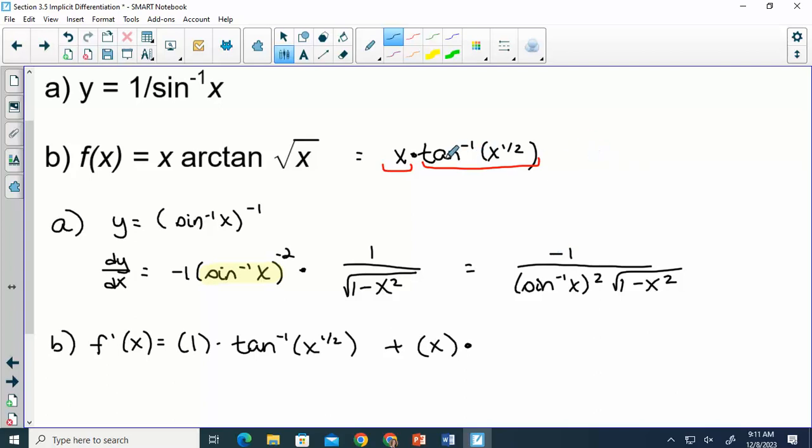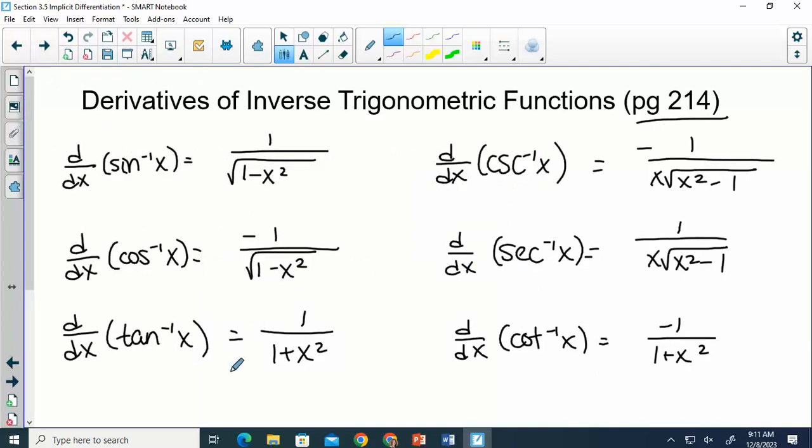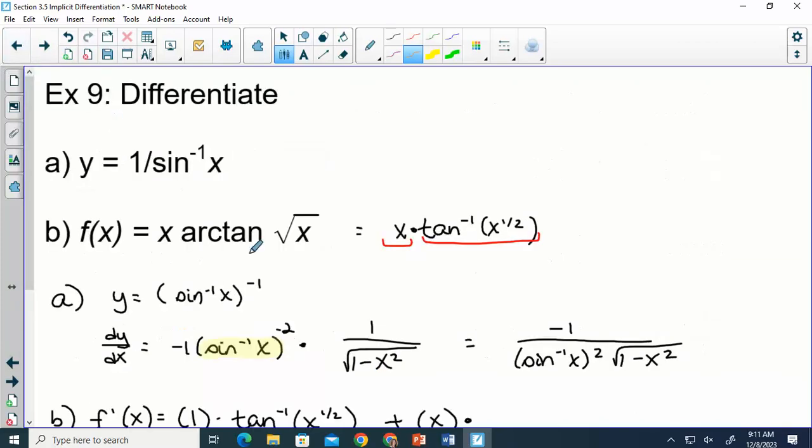So starting on the outside, tangent inverse. What is the derivative of tangent inverse? So you look at your table because I'm not making you memorize. Derivative of tangent inverse is 1 over 1 plus, and the x is because it's the angle. So it's 1 over 1 plus the angle squared.